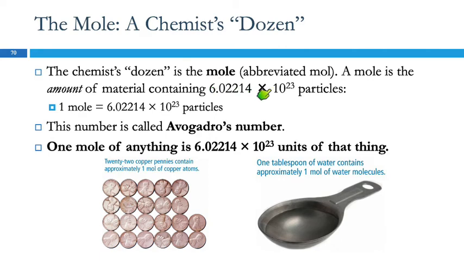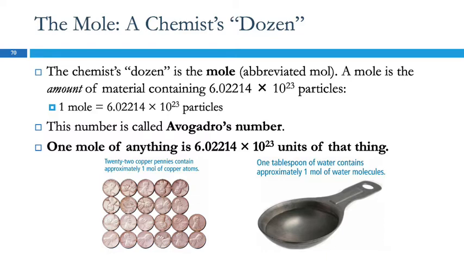It has an abbreviation, mol. But the mole is the amount of stuff that has 6.02214 times 10 to the 23rd particles in it. Could be ions, atoms, molecules, just things. That number has a name. It's called Avogadro's number because Avogadro's work led to the determination of what that number was.